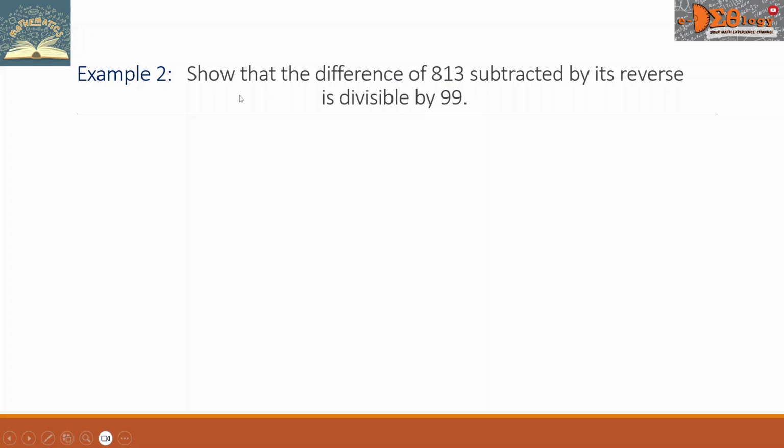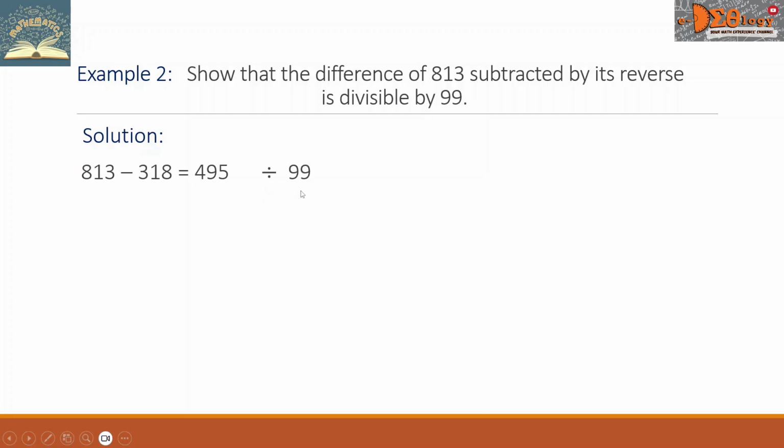Example 2. Show that the difference of 813 subtracted by its reverse is divisible by 99. We write the 813 minus the reverse, so that is 318. The difference is 495.